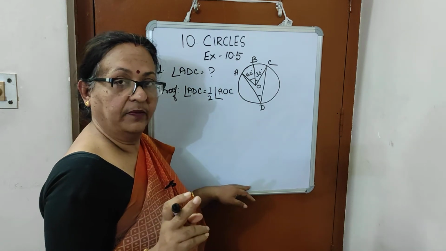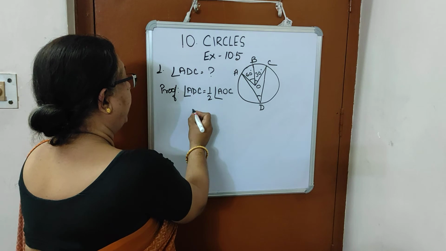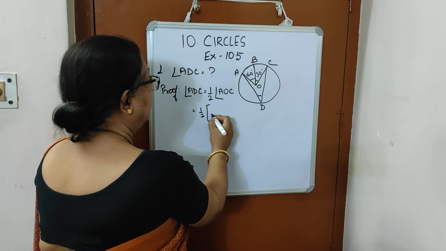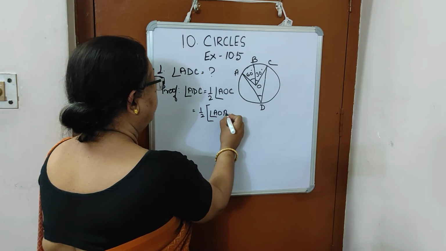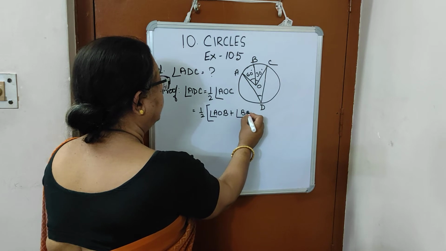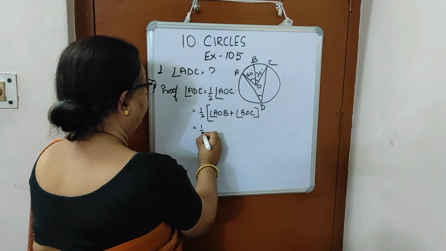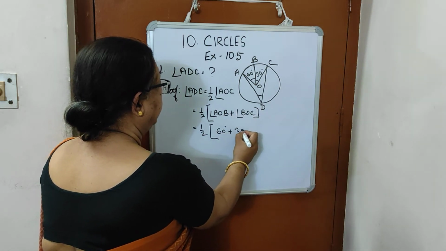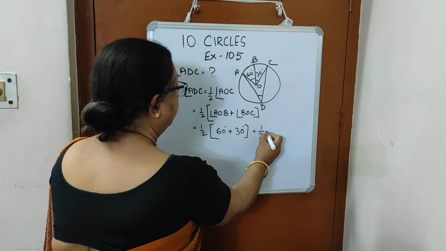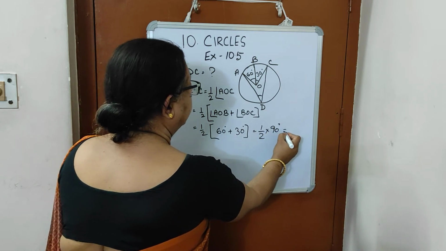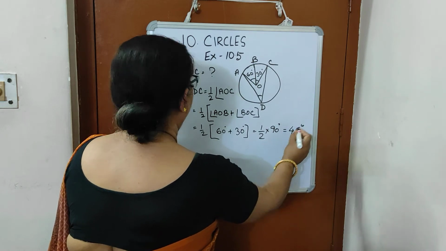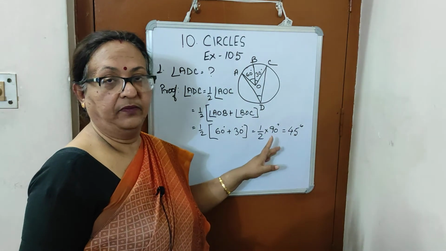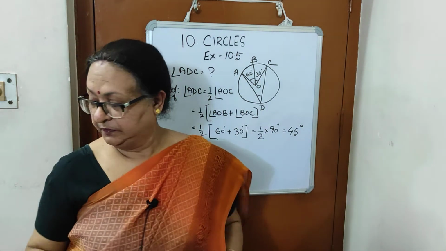You know the reason why? Now we need to find this half of, what is angle AOC? Angle AOC is angle AOB plus angle BOC, that is half of, angle AOB is given 60 degrees plus 30 degrees, that is half of 90 degrees, that is 45 degrees. So we have angle ADC is 45 degrees. Understood? Okay, let's see another sum.